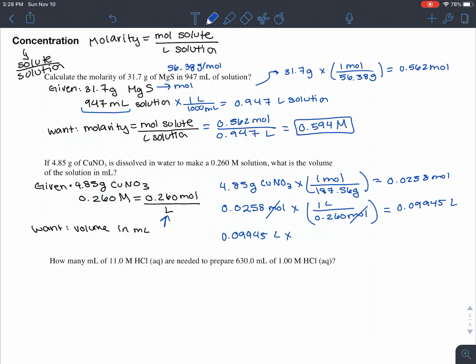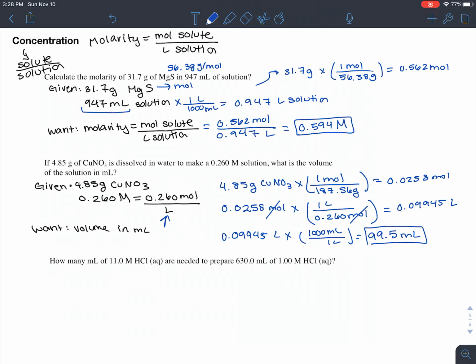I wanted milliliters, so one more step: multiply that by 1,000, which gives 99.5 milliliters.